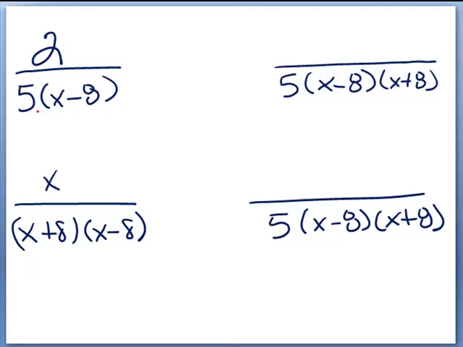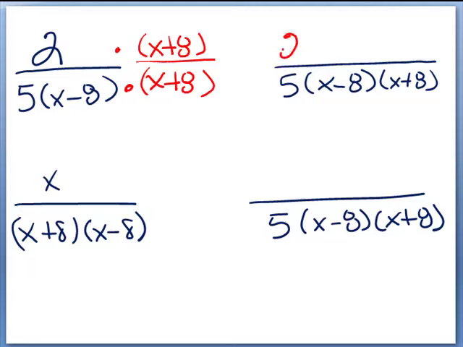So what will we have to multiply the first fraction by to get it into the new fraction? Well, since 5 and x minus 8 are there, we just need to multiply the first fraction by x plus 8. And we have 2 times x plus 8.